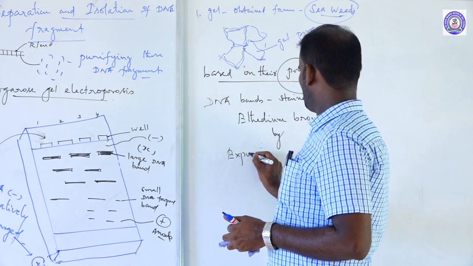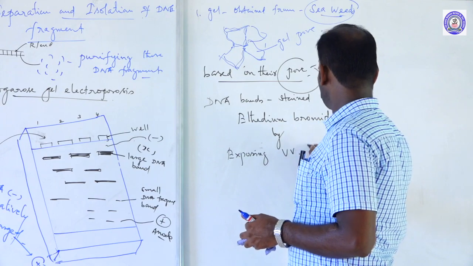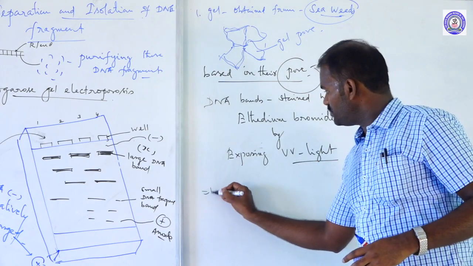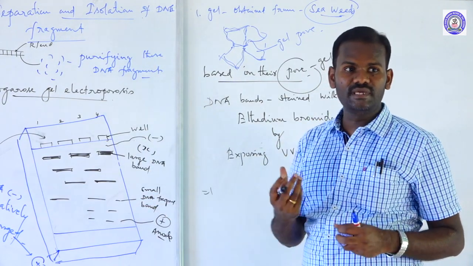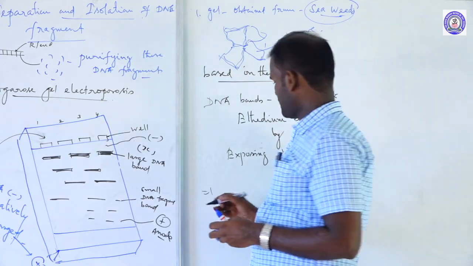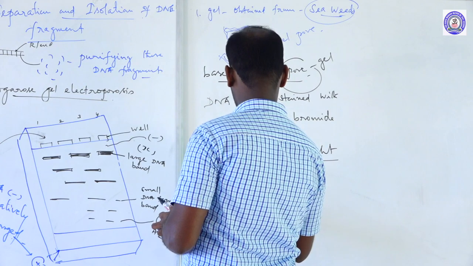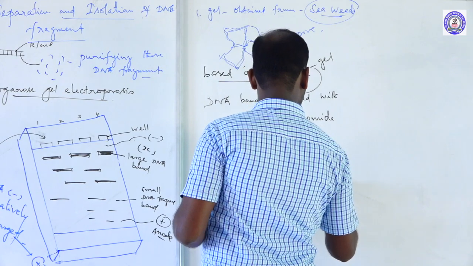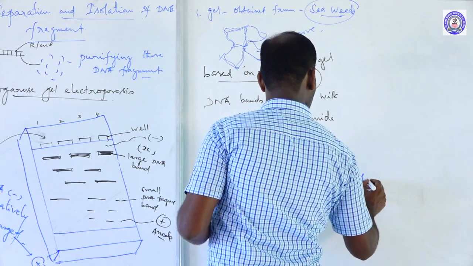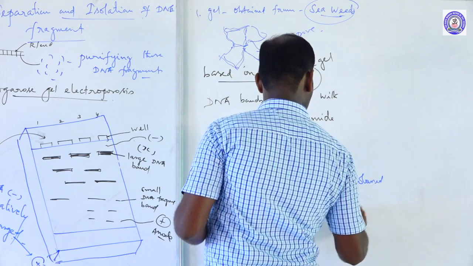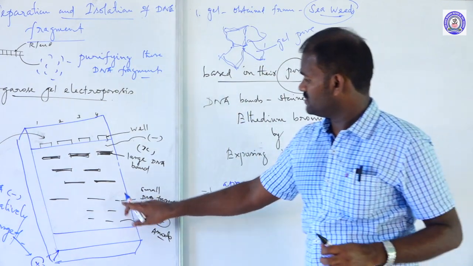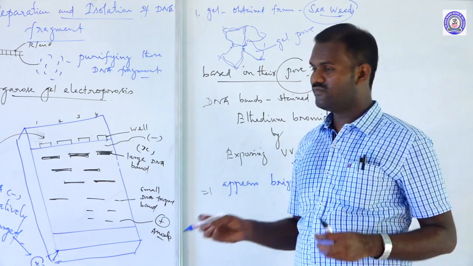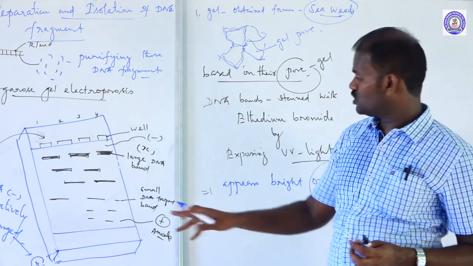Under UV light, the separated DNA bands appear as bright orange colored bands. We can't see these separated DNA fragments in visible light without staining.